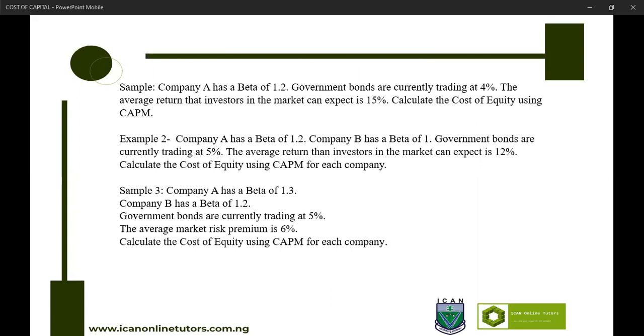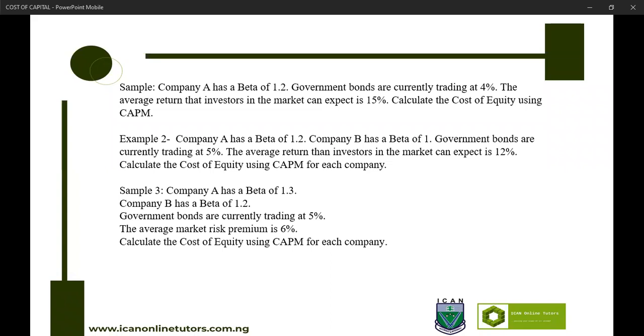Calculate the cost of equity using the CAPM. Now, looking at this information, the formula is KE equals risk-free rate of return plus beta into bracket return on the market minus risk-free rate of return.